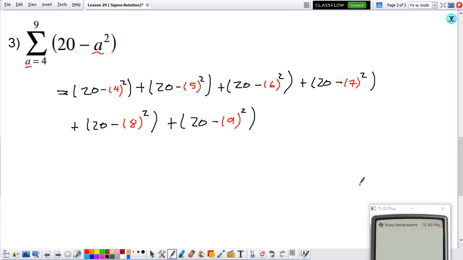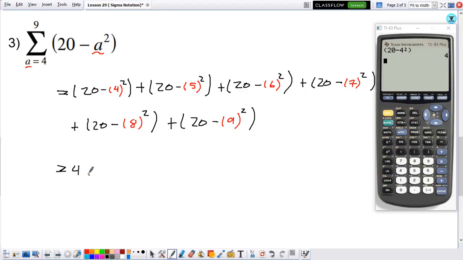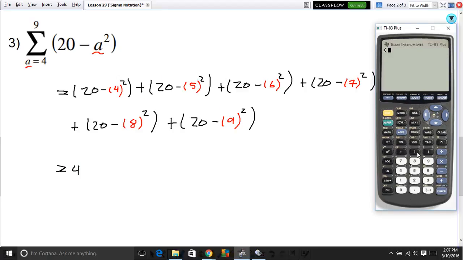So now what we have to do, we're just going to use our calculator to figure out what this is. I like to do just one parenthesis at a time. So 4 to the second. So the first term is just 4. Now let's figure out the second term, which is going to be, there's no need for the parentheses.